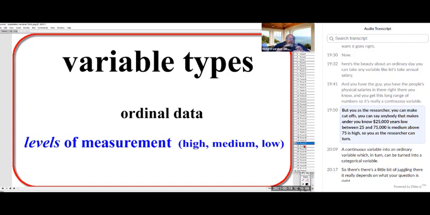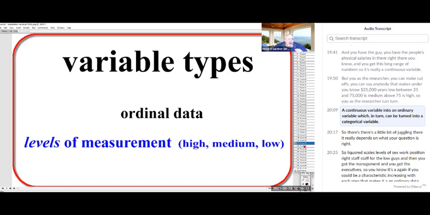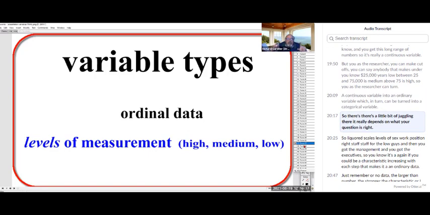You could say anybody that makes under $25,000 a year is low, between 25 and 75,000 is medium, above 75 is high. So you, as the researcher, can turn a continuous variable into an ordinal variable, which in turn can be turned into a categorical variable. So there's a little bit of juggling there.